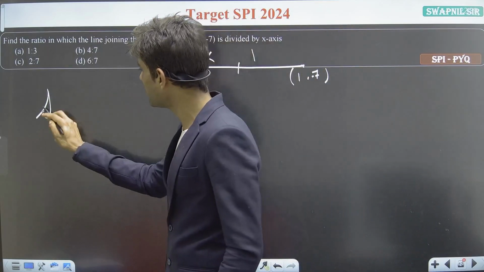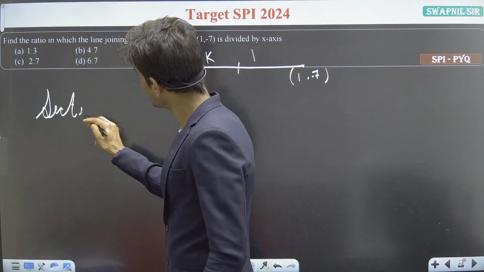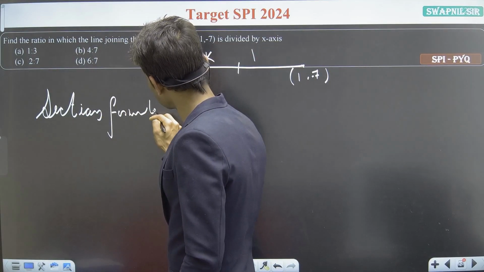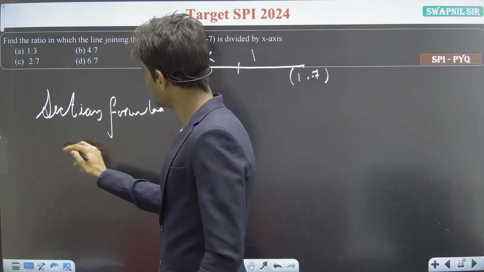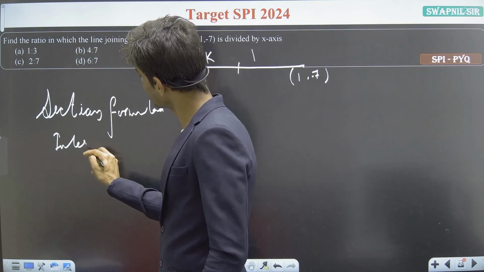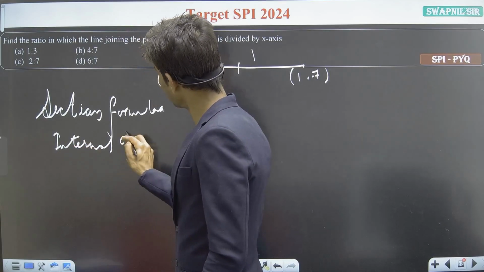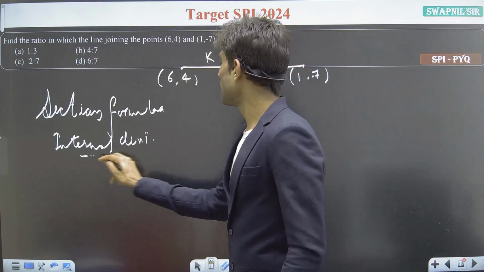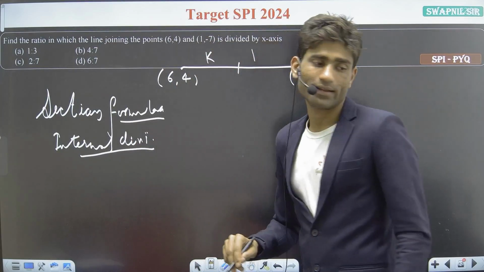What do we need to apply here? The section formula for internal division.